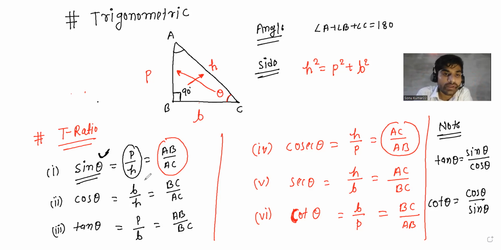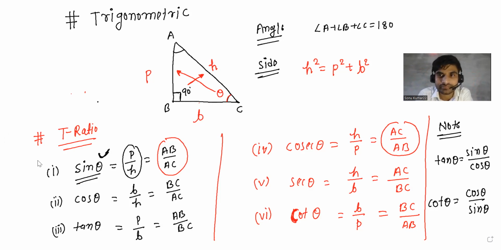Now we are going to discuss the trigonometric ratios at specific angles. We are considering five angles: 0 degree, 30 degree, 45 degree, 60 degree, and 90 degree. So let's discuss one by one. I'm going to erase this one.